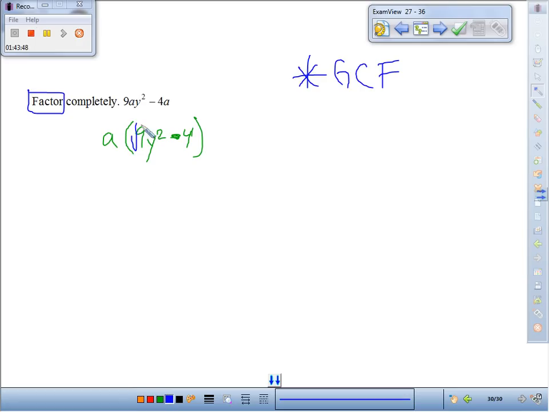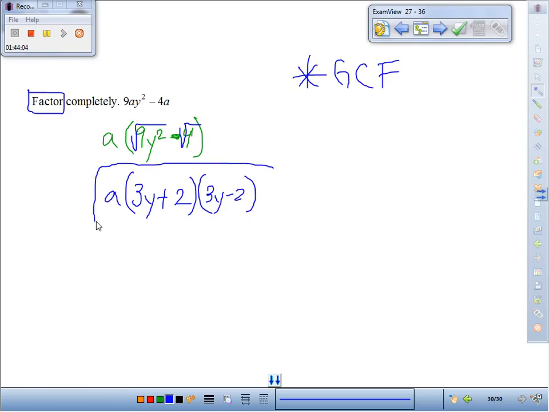Square root of this, 3y. What is the square root of 4? Is it a difference? Yes, so therefore, 3y plus 2, 3y minus 2, and don't forget the BFF, which is A, and we're done. Yes. 9y squared.